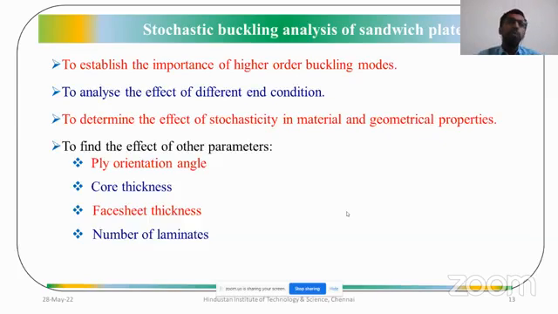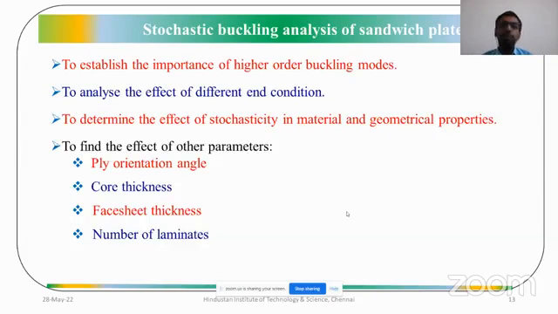In the deterministic approach, normally we use a single critical eigenvalue, meaning a single buckling mode, whereas it is important to consider higher order buckling modes in a stochastic analysis. The next objective is to analyze the effect of different end conditions, meaning different boundary conditions, whether simply supported, clamped or free.